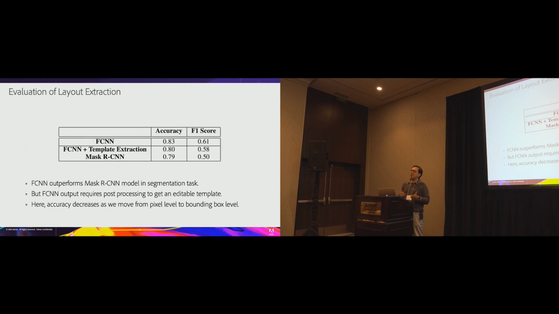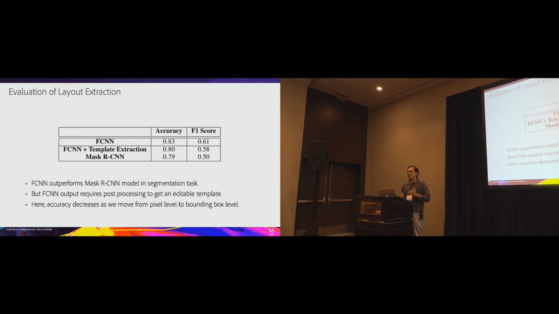But since the output of the FCNN cannot be used directly to extract the underlying template, the real comparison is between the segmented output that was post-processed to extract those bounding boxes, and thus the underlying templates, and the object detection framework from Mask RCNN.